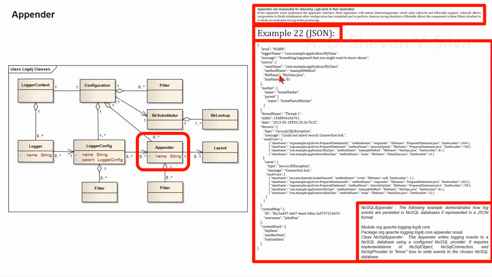Now we are considering the NoSQL Appender. The following example demonstrates how log events are persisted in NoSQL databases if presented in a JSON format. The class NoSQLAppender in package org.apache.logging.log4j.core.appender.nosql in module org.apache.logging.log4j.core writes logging events to a NoSQL database using a configured NoSQL provider.